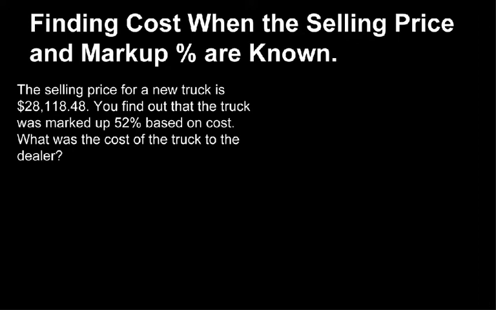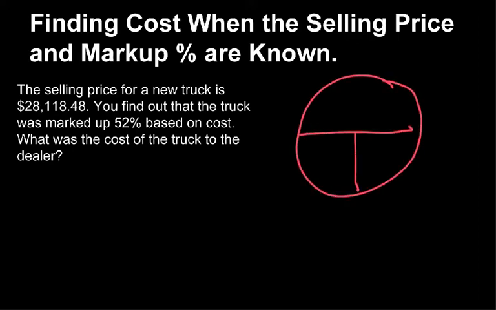So when we do this, we're going to again do our PBR circle, and we're going to use the one that has cost and selling price, which means that our percentage is 100% plus the markup percent. Okay, because what it's going to mean is that that selling price is the cost plus the markup, the cost being the 100%.